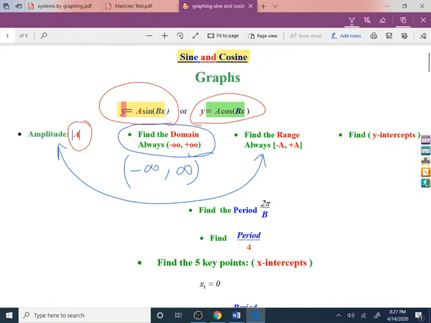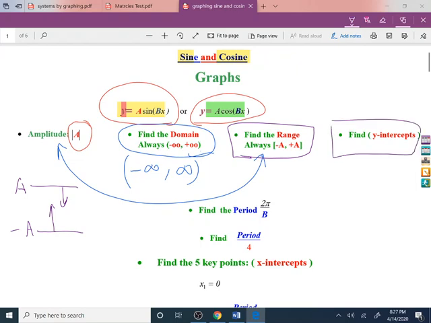As I told you, the amplitude gives the maximum and the minimum, A to negative A. This is your range. If you know what A is, you can determine your range. The last thing is the y-intercept. How do we find the y-intercept? By plugging x equals 0 into your function.